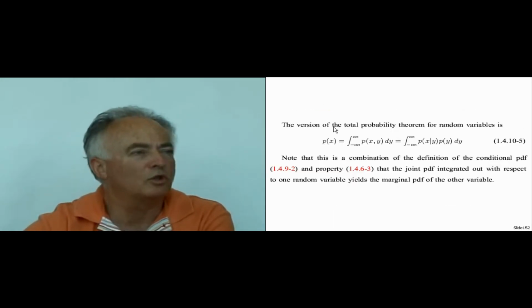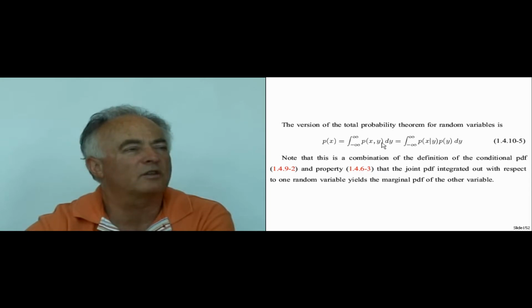The version of the total probability theorem for random variables is you take the joint density of x and y, integrate out over y, and you end up with the marginal of px.